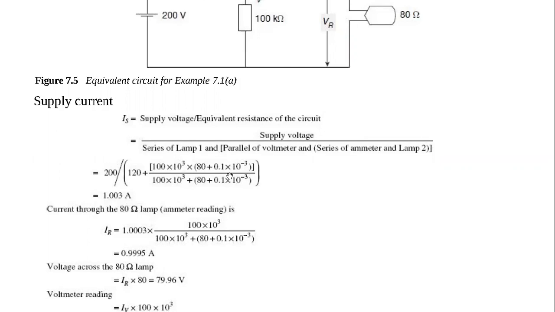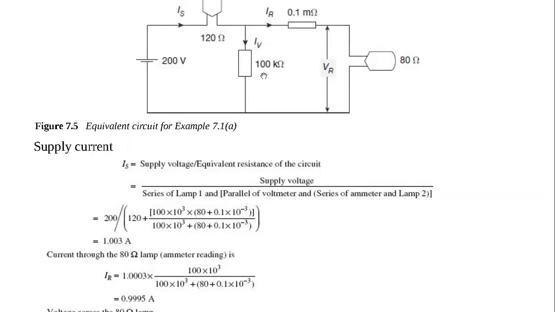Here they are using product over sum, the voltmeter being in parallel with the 80 ohm and the 0.1 milliohm ammeter.